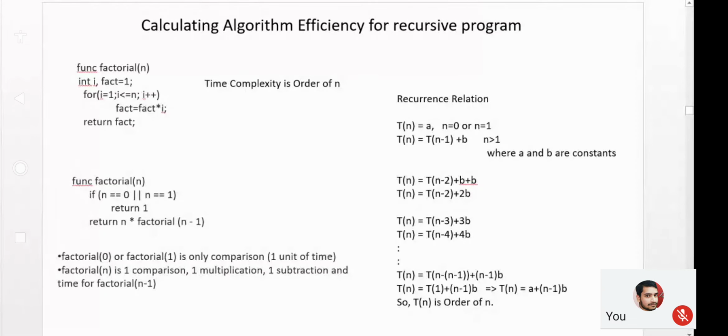Now what is T of n minus 1? That is something like T of n minus 2 plus some constant b. So this b and that b, it will be 2b.